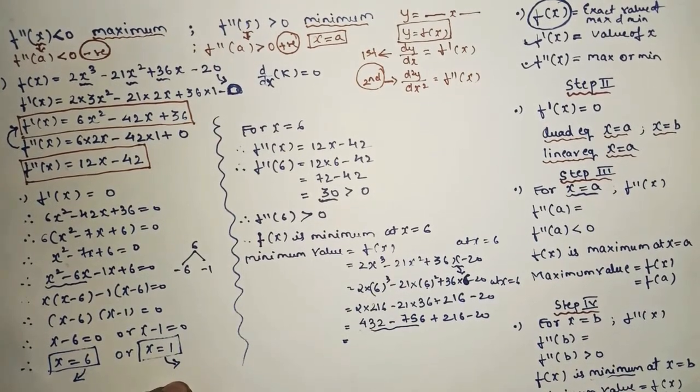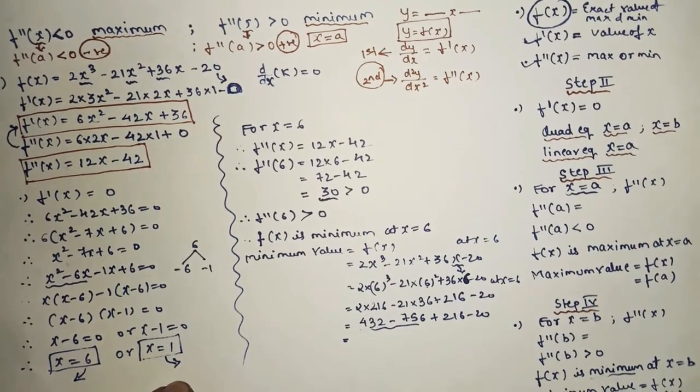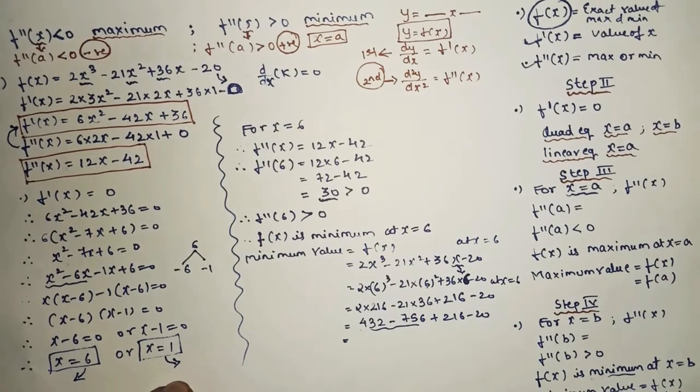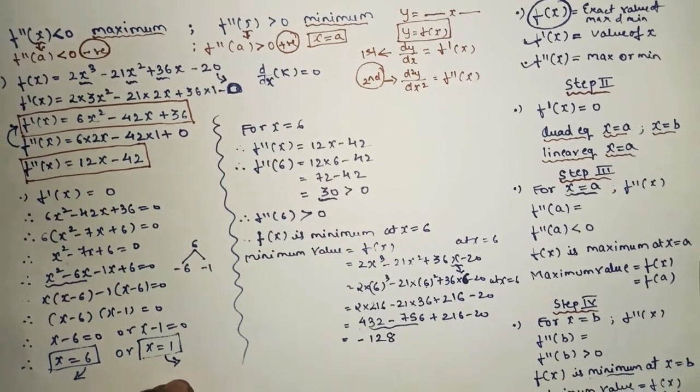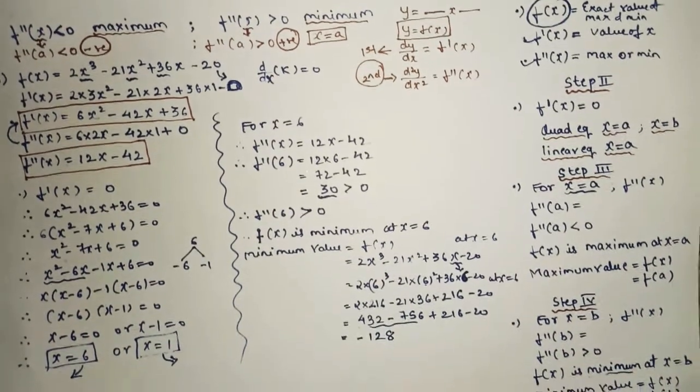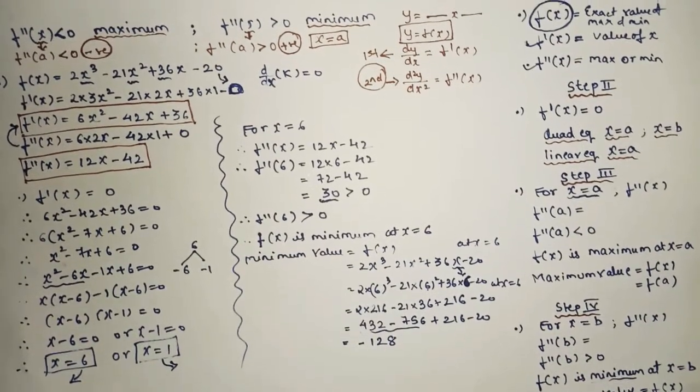Out of minus 332, if you add 216, that will be minus 108, and now we'll subtract 20. So here you will get minus 128 as the answer. Just add and subtract and see, you will get minus 128.